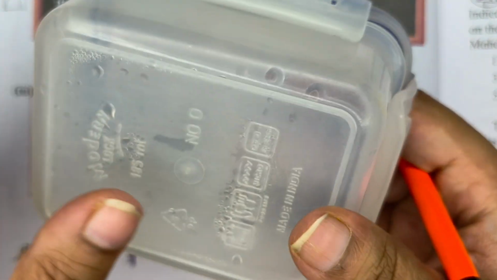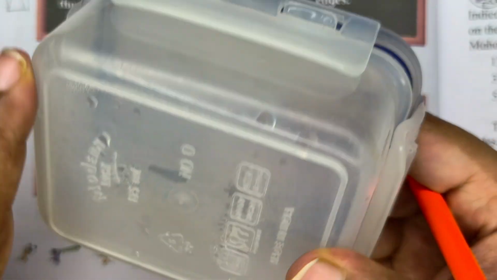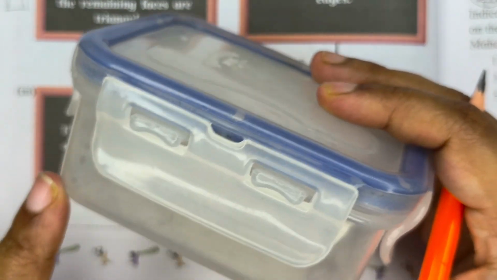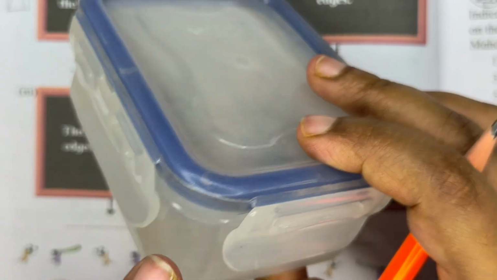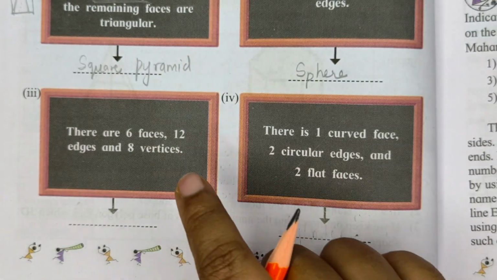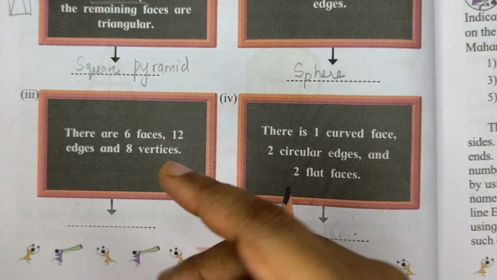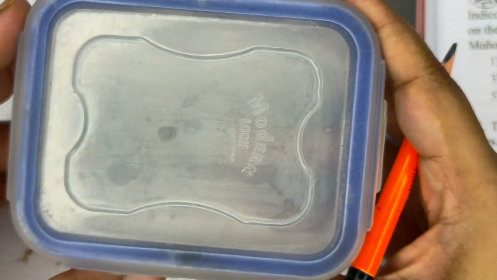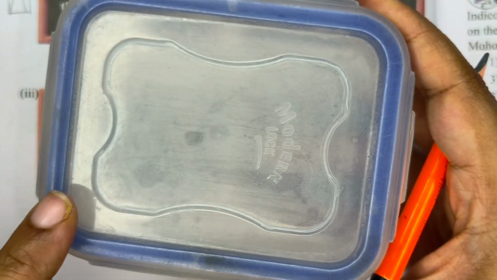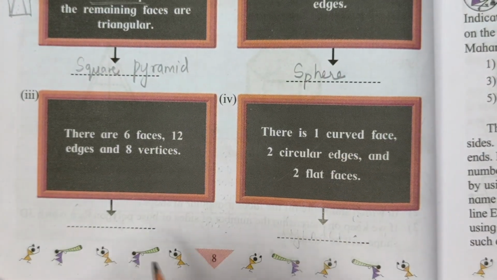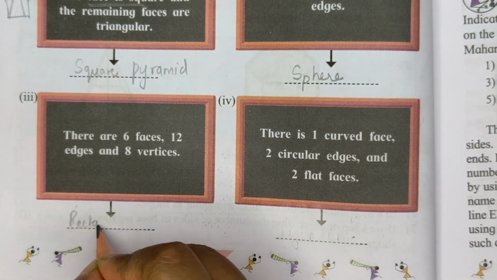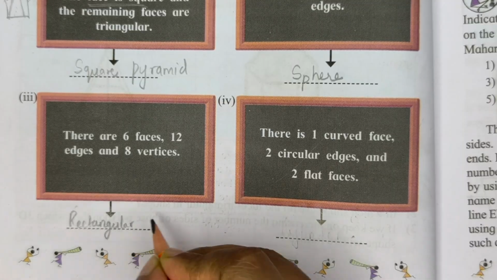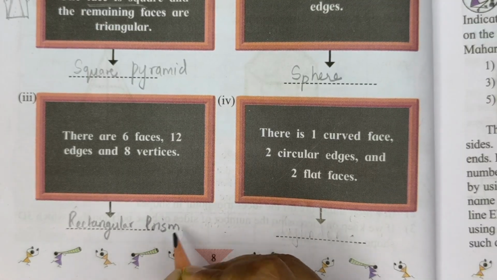At the bottom also 5, 6, 7, 8, and at the side 9, 10, 11 and 12. So 12 edges and 8 vertices. Those are the corners: 1, 2, 3, 4 and at the bottom also 4. That means it is a rectangular prism.